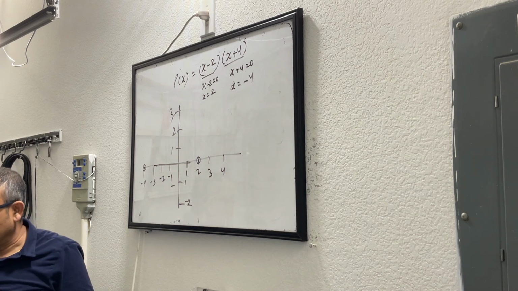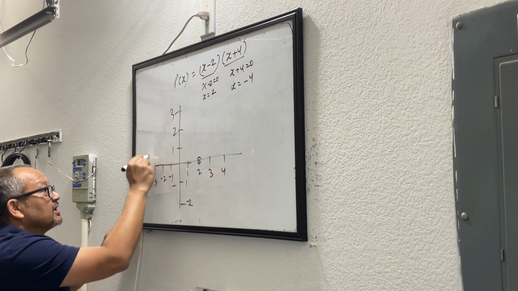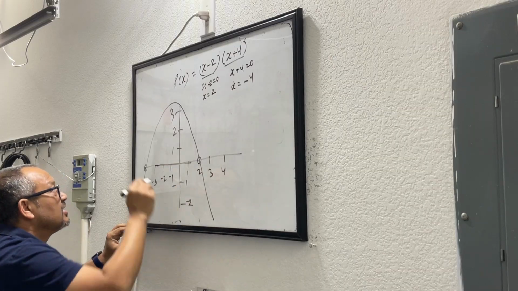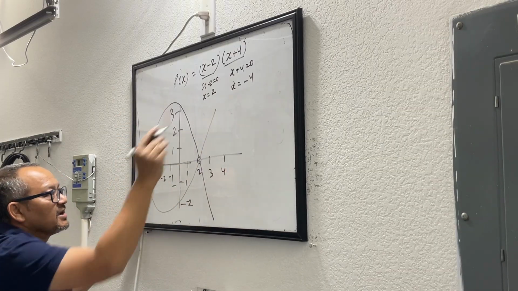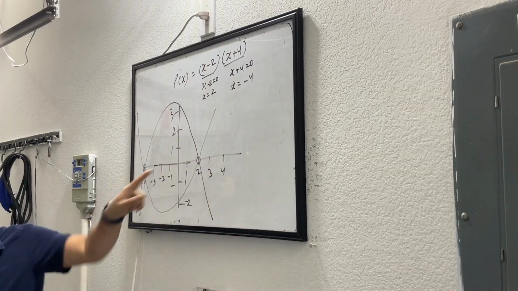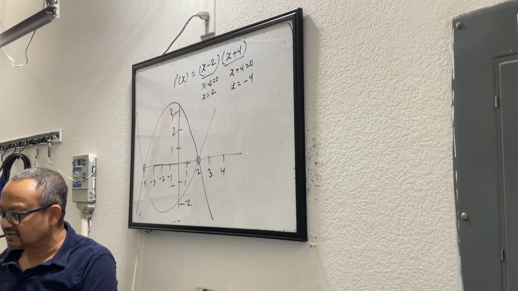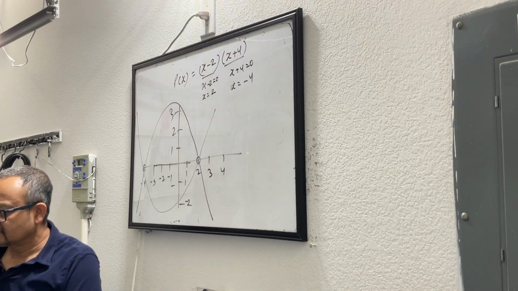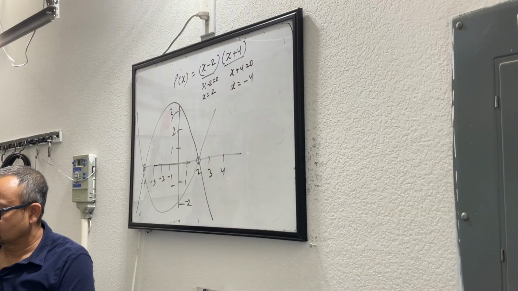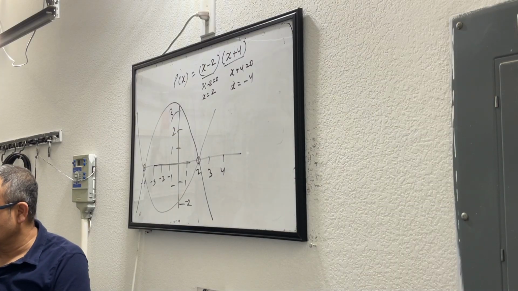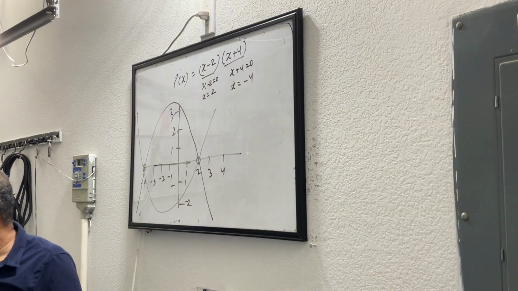So far we don't know yet whether this graph is going like this or going like this. But at least you know that these are 2 points where my graph is touching the x-axis. Yeah? Everybody okay so far?